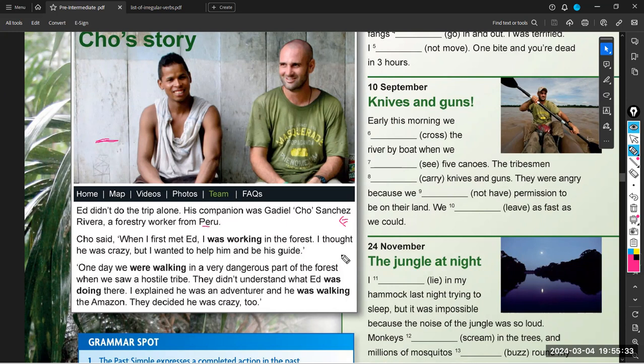Cho said, when I first met Ed, I was walking in the forest. I thought he was crazy, but I wanted to help him and be his guide. One day, we were walking in a very dangerous part of the forest when we saw a hostile tribe.